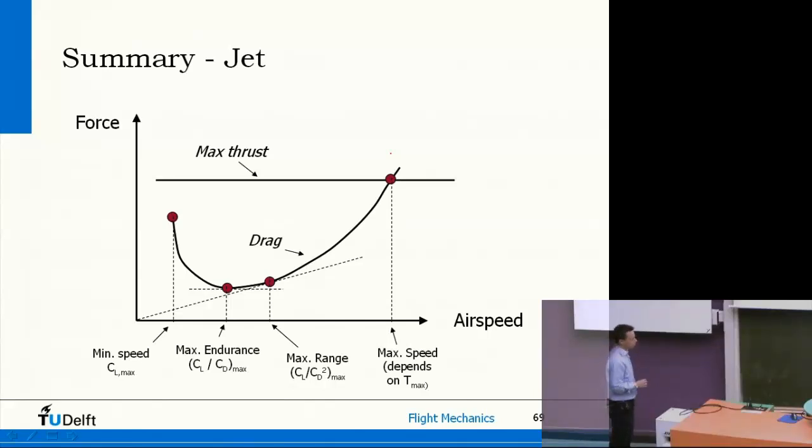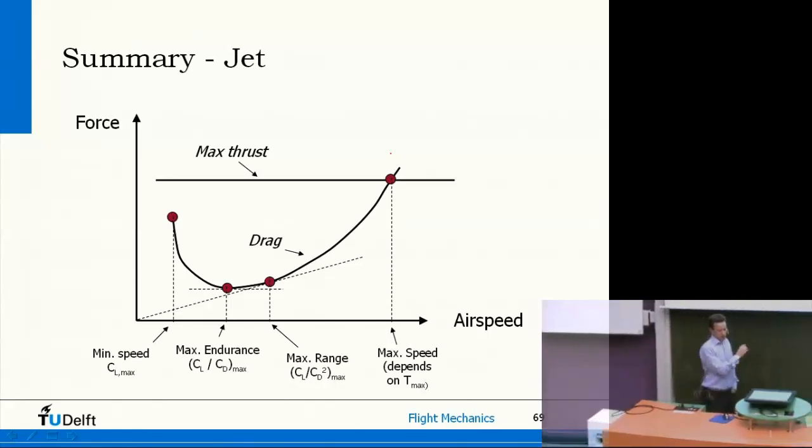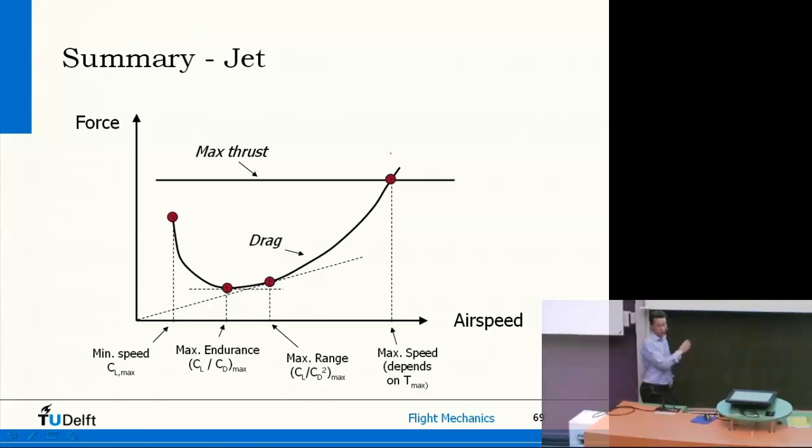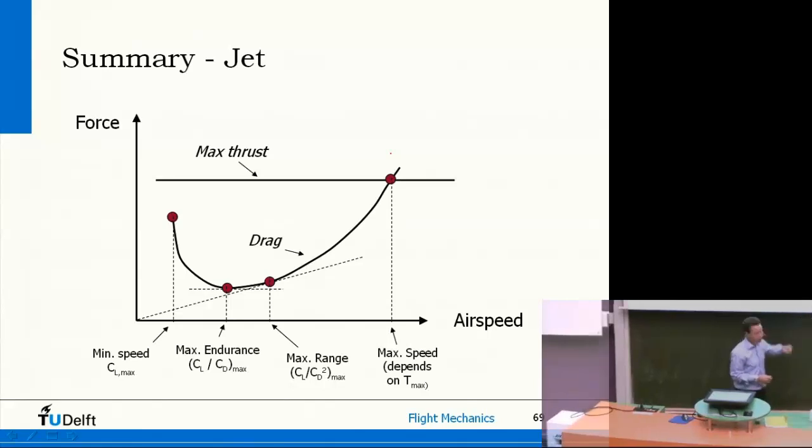So minimum speed is all the way on the left-hand side. Then minimum drag gives you, for a jet aircraft, maximum endurance. Then if you fly a little bit faster, then that's, in terms of fuel use, not better, but in terms of range, it's good. So maximum range is obtained over here.